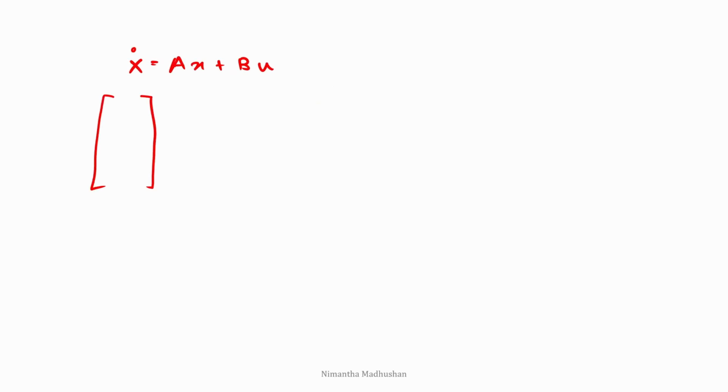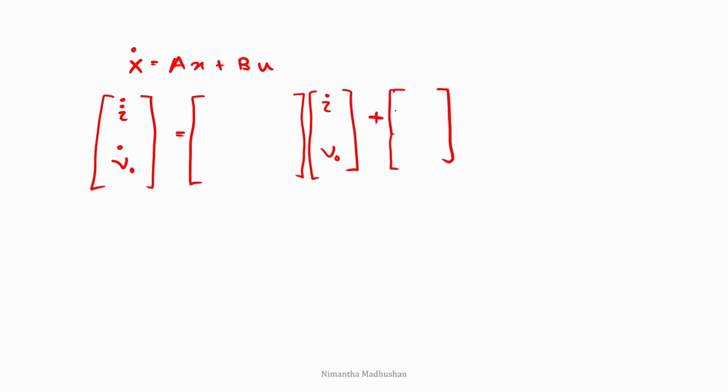For the x dot vector, we can write I dot and Vout dot is equal to, we have to define matrix A, and state vector is I and Vout, plus we have defined what is the value of B matrix, and input is Vi.